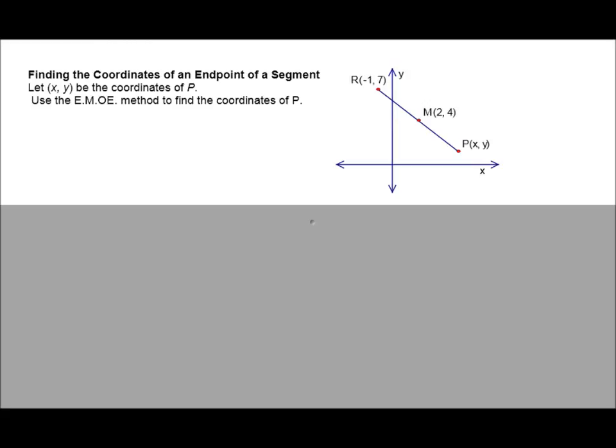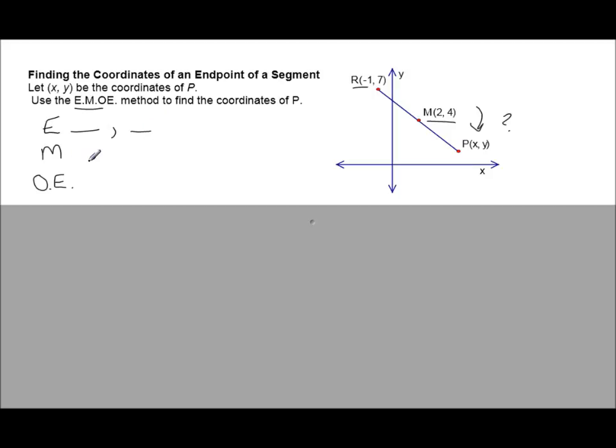Okay, and a very common example, and this one you'll see on the SOL for sure, it's on it every single year, is sometimes they're going to give you the midpoint and an endpoint, and you have to figure out what the other endpoint is called. So I use what's called the EMO method, where you list from top to bottom the endpoint, the midpoint, and your job is to find out what the other endpoint is.